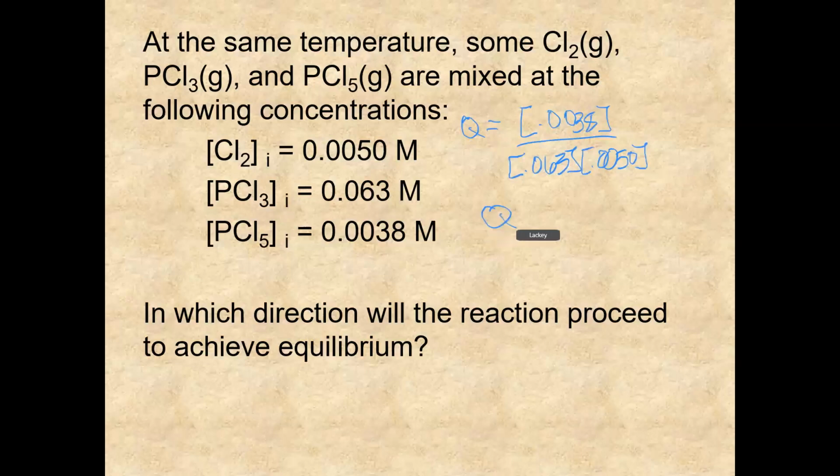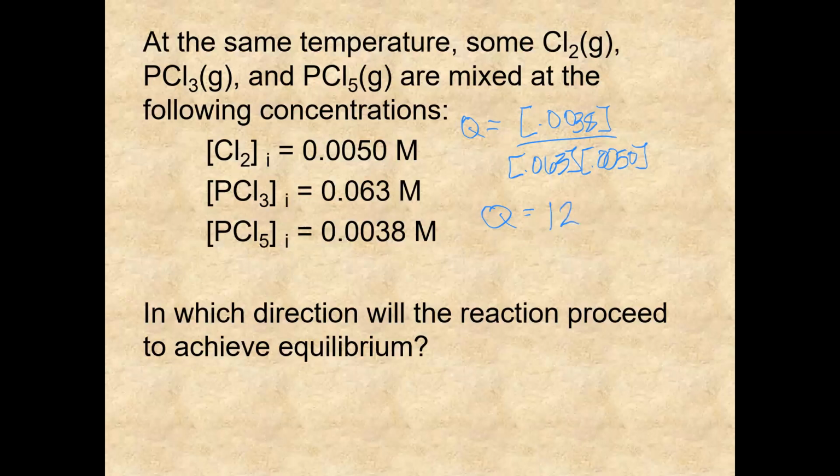So when we put that in the calculator, 0.0038 divided by both the 0.063 and the 0.0050, we get our Q value here, and everything here had two sig figs, so our Q value is going to be 12. It's like 12.06 on the calculator.